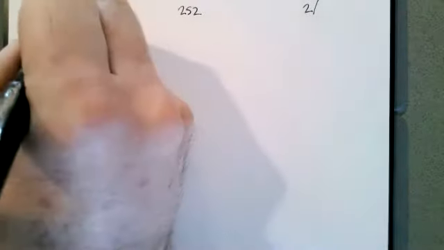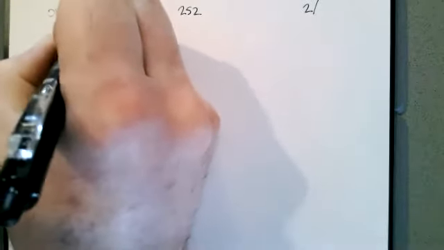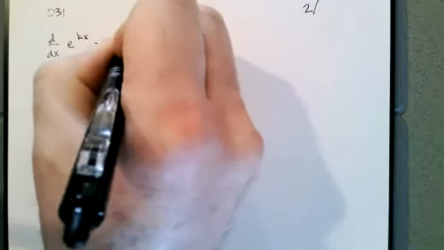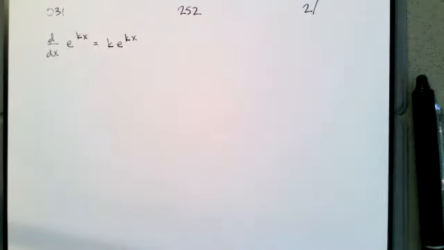We know that the derivative of e to the kx is k times e to the kx, just using the chain rule.